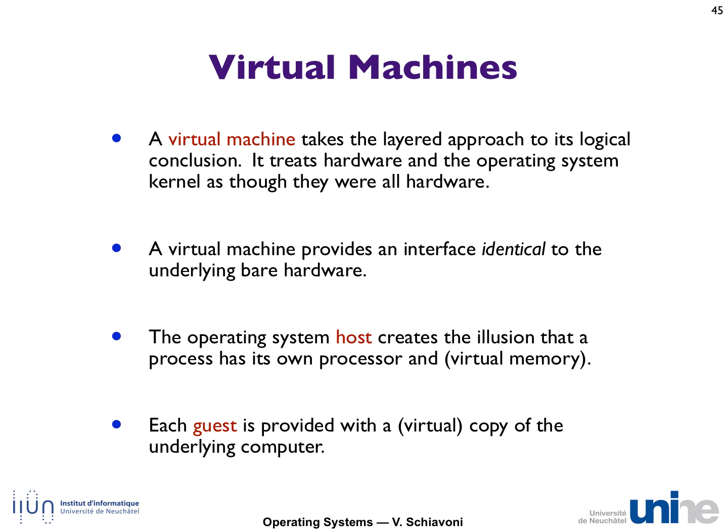The host OS, the one that is running the VM for you, creates the illusion that a given process has its own processor and memory and disk and so on. Instead, this is all being virtualized, as we say. Each guest is provided with a virtual copy of the underlying computer, and this is what the VM is, a virtual copy of the underlying computer.